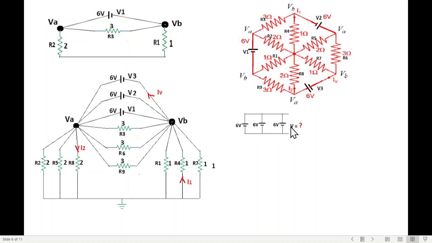Whether we connect 3 or 4 or 5, the output voltage will remain the same as one battery voltage. So it is 6 volt, therefore the output will remain 6 volt. The advantage of connecting more than one battery is that they can supply more current. Overall current will increase, or the current drawn from each individual battery will reduce.